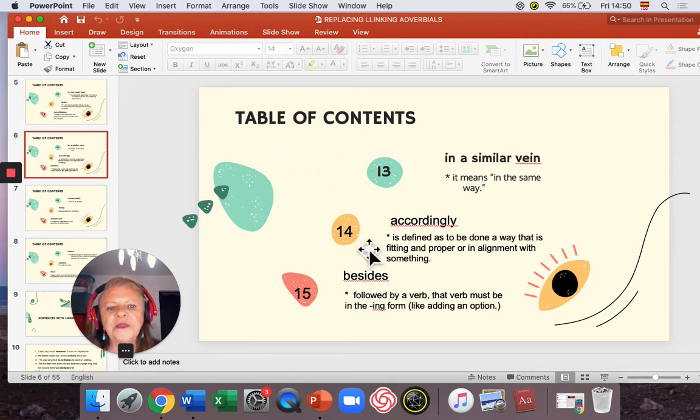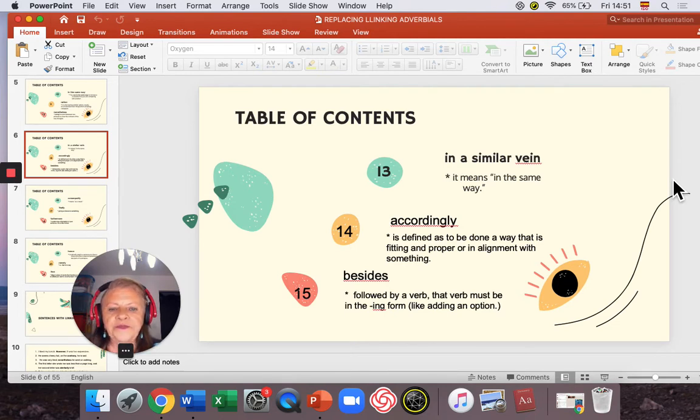Okay? Next one is accordingly. Accordingly is defined as to be done in a way that is fitting and proper or in alignment with something. I do this accordingly to this. Okay? The next one is besides.